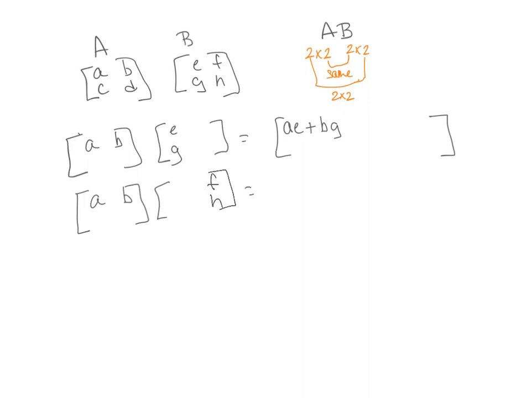I'm going to use that same idea of multiplying the elements in row 1 by those corresponding elements in column 2. So I'm going to have A times F, right? And then I'm going to add on to that B times H. And that's going to be in my first row, second column. I'm going to have AF plus BH.